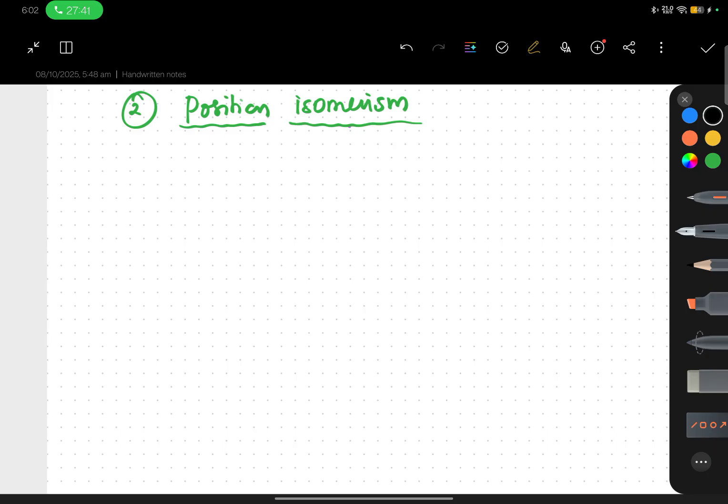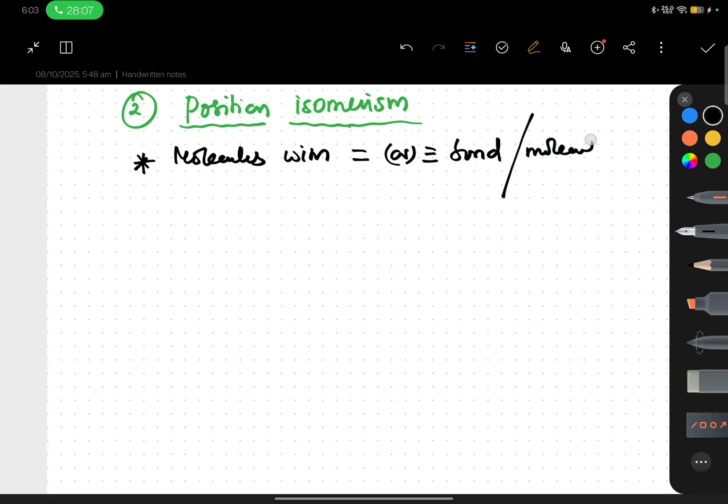Position isomerism means it is applicable only for molecules with a double bond or triple bond, or it is applicable for molecules with a functional group.